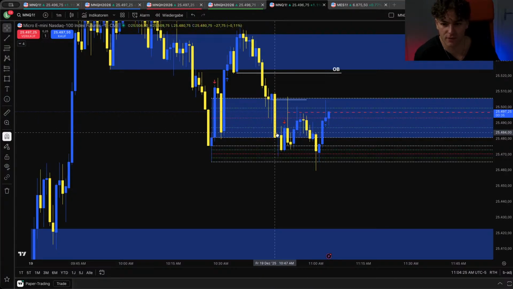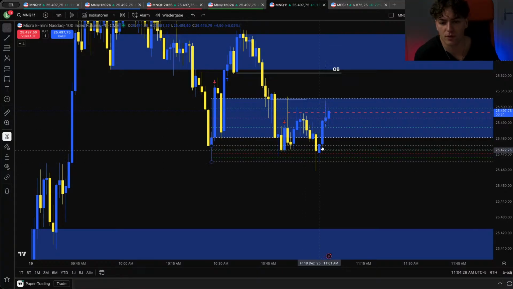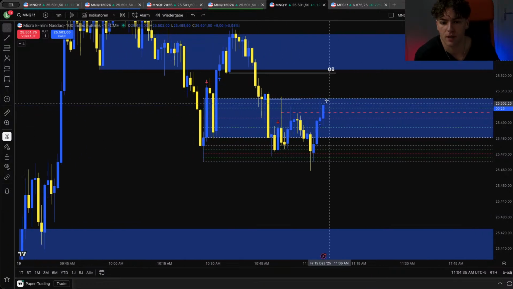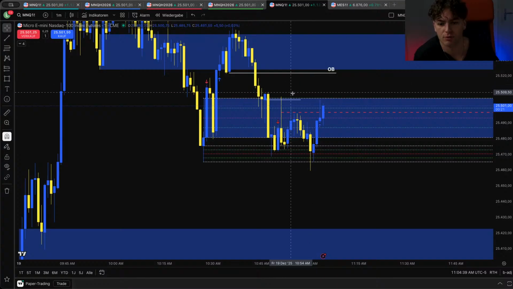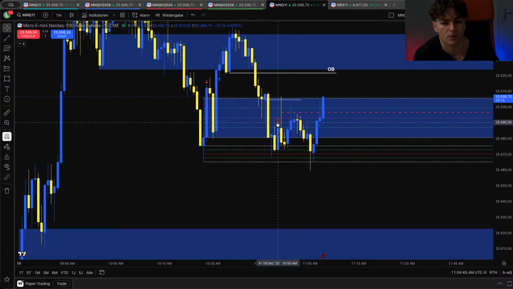Didn't respect the fair value gap in here. Went lower, so I didn't want to endure another price run higher against my trade. So I guess reducing the risk was the right decision.